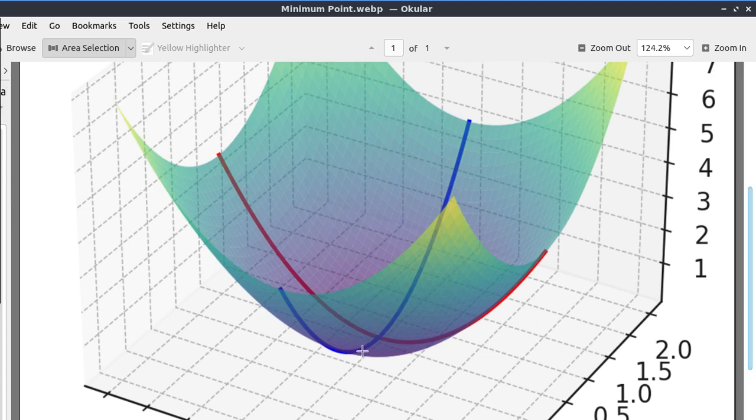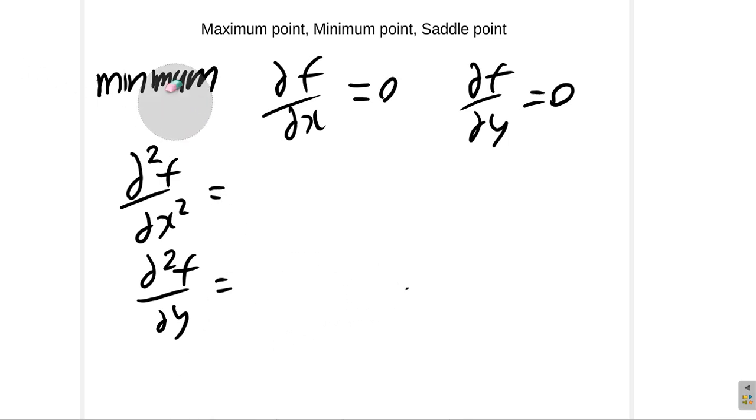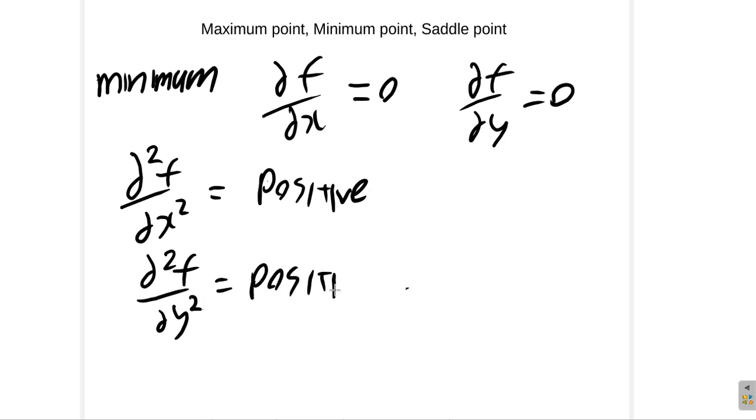But as you move in the positive direction from there, you will find that the gradient of the tangent increases. In fact, it will always be increasing. And you will find that the second partial derivative will be positive for x and positive for y as well.